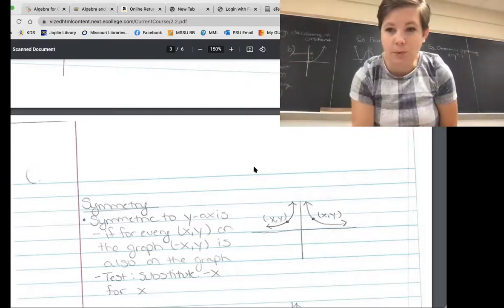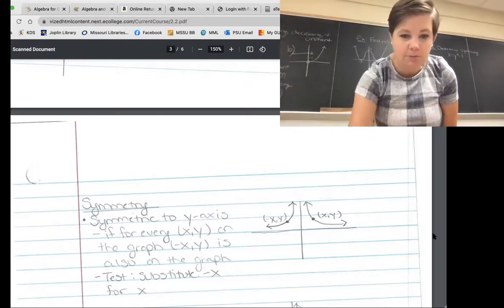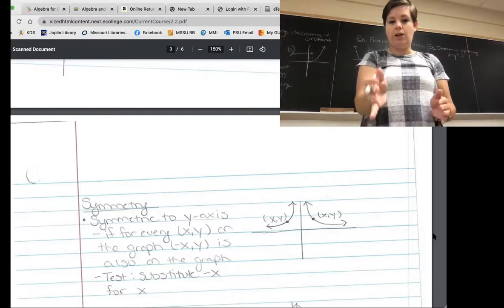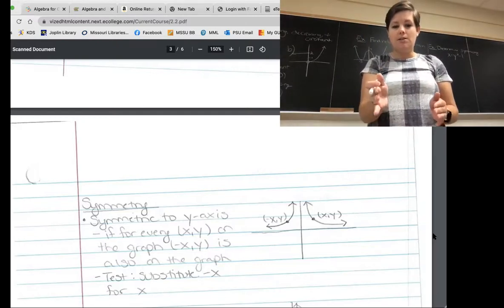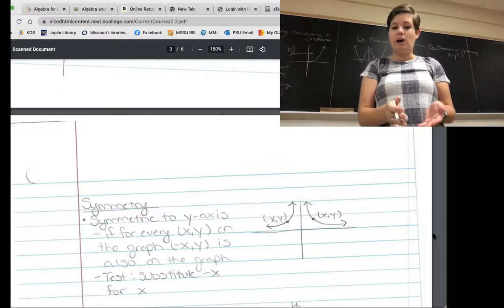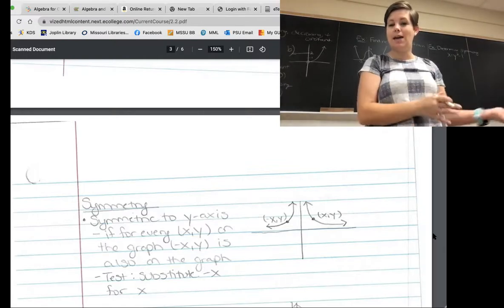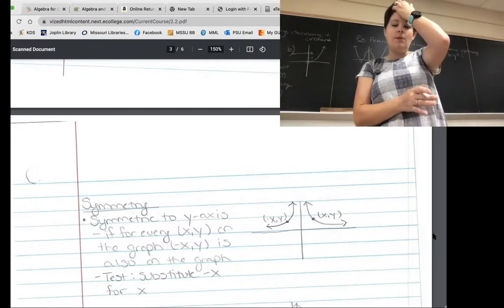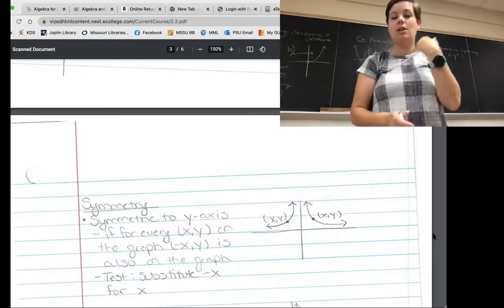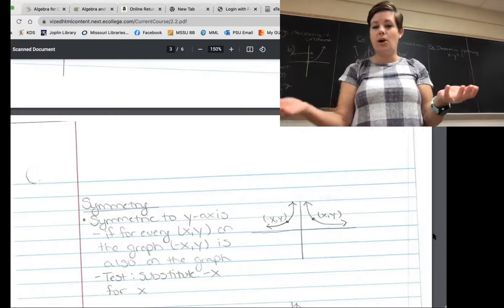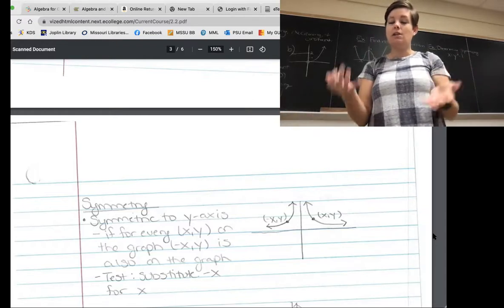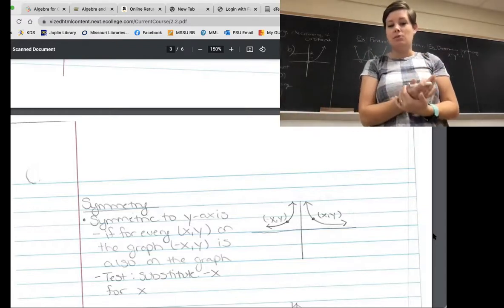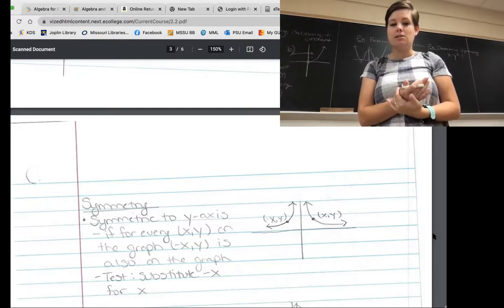And so what does this mean? Well, if you are symmetric about the y, so the vertical axis, that means that for every x, y you have on your graph, there's also a negative x and a positive y that's also on the graph. And we test this by substituting in a negative x value in for our x value. And if we get the same equation out, then that tells us that we're symmetric about the y-axis.